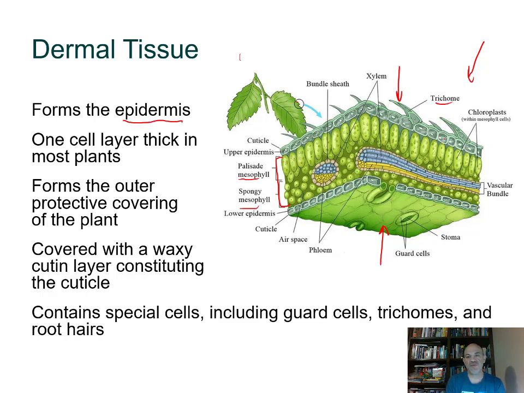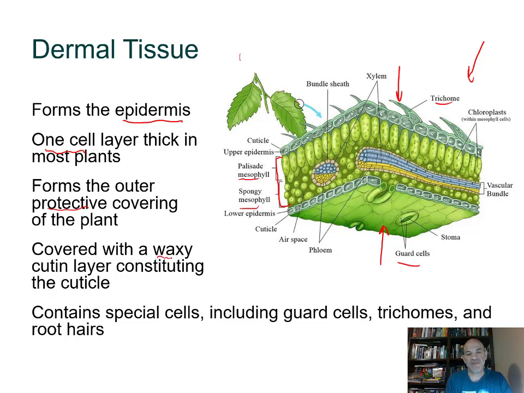There's going to be special structures like trichomes and guard cells that form the stoma. Those are special dermal cells that have differentiated for specific jobs. This layer of dermal tissue is going to be 1 cell layer thick. Its function is for protection. It's often going to be covered with a waterproofing material.